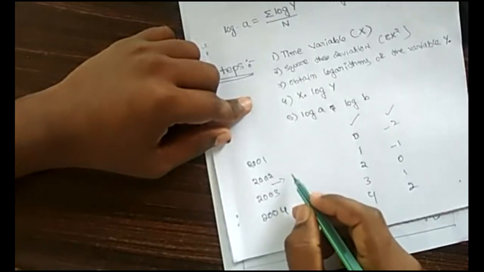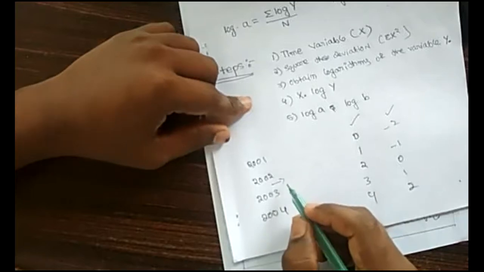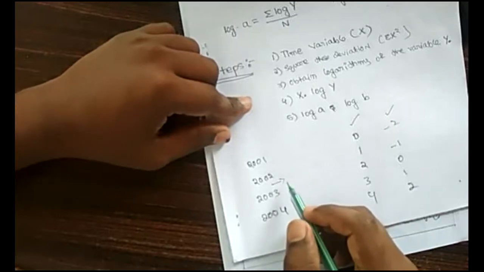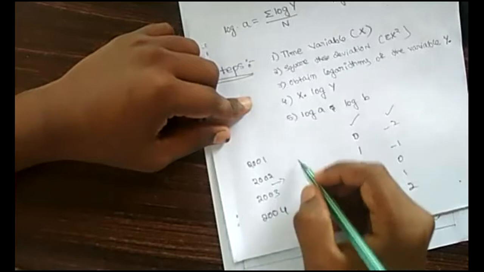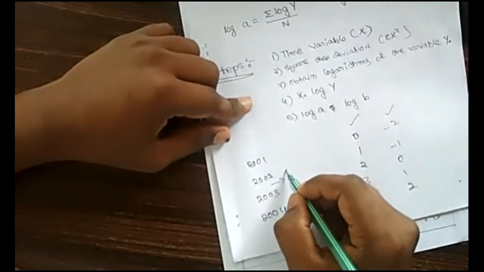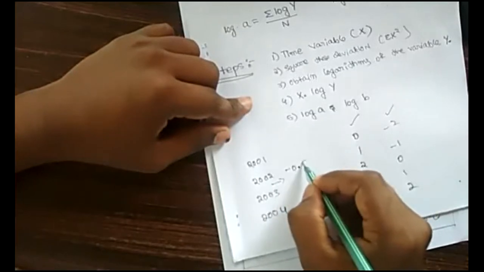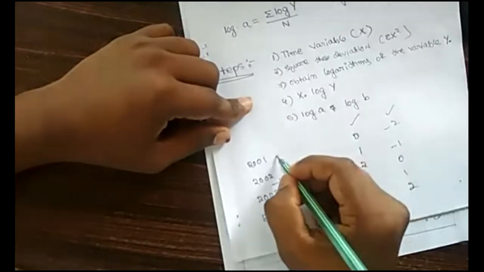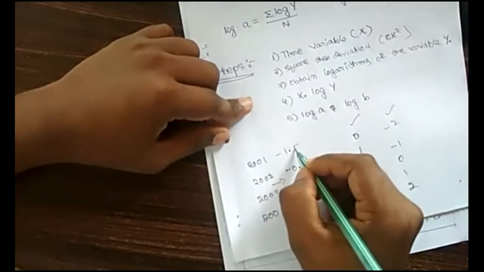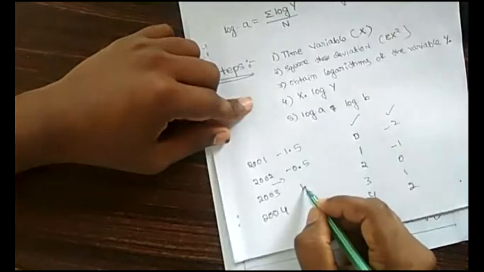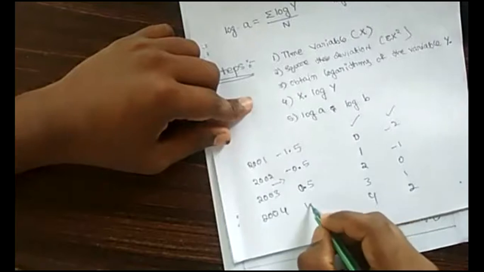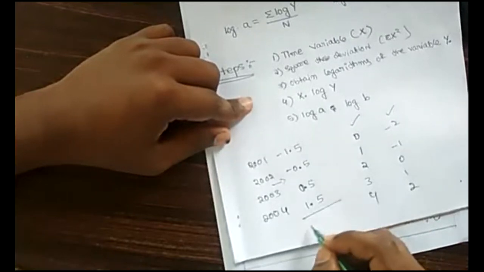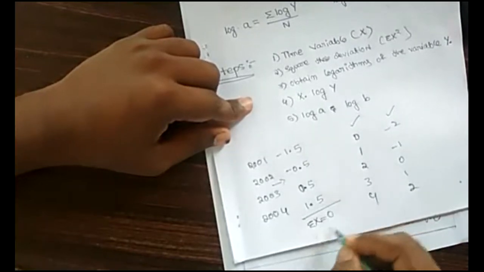So we can take June 2002 as the middle year. Then Jan of 2002 will become minus 0.5, this one is minus 1.5, and this one is plus 0.5 and 1.5. At that time also the sum of x will become 0.